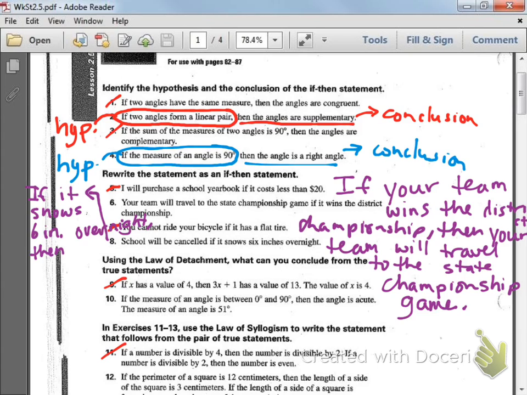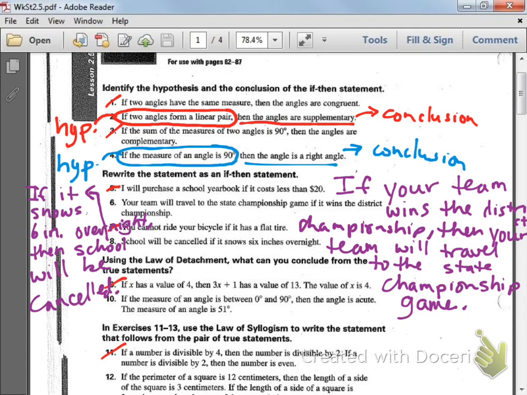Then what's going to happen? School will be canceled. Great, so it has to snow first. So if it snows 6 inches overnight, then school will be canceled.